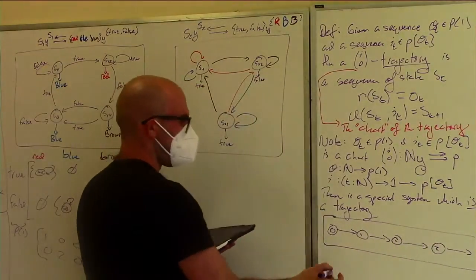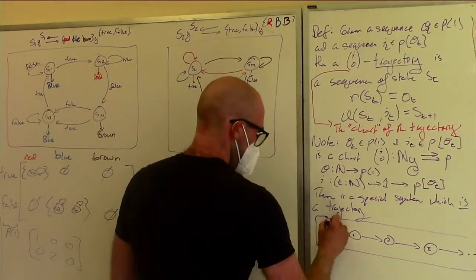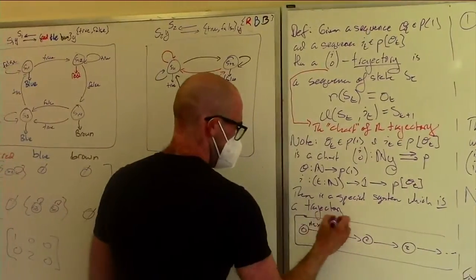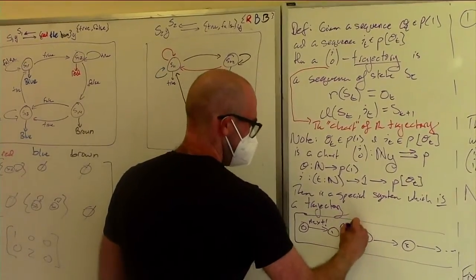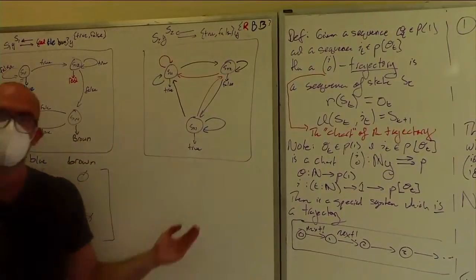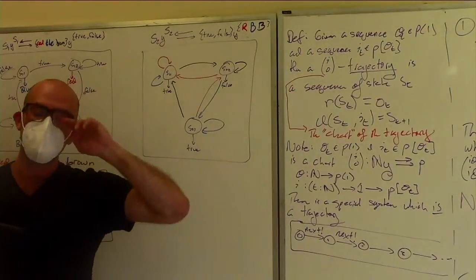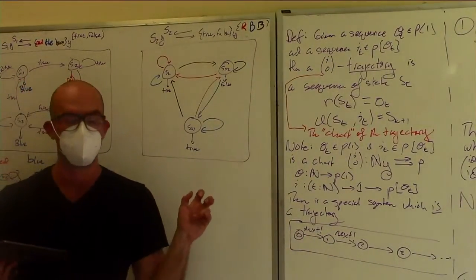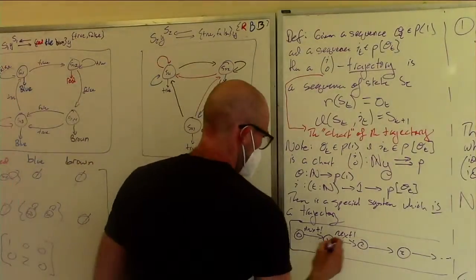So its states are the natural numbers. It has one input, which we always call next. And on every next, it just counts up by 1. So we could think of this as a form of timeline. So I call this one time.